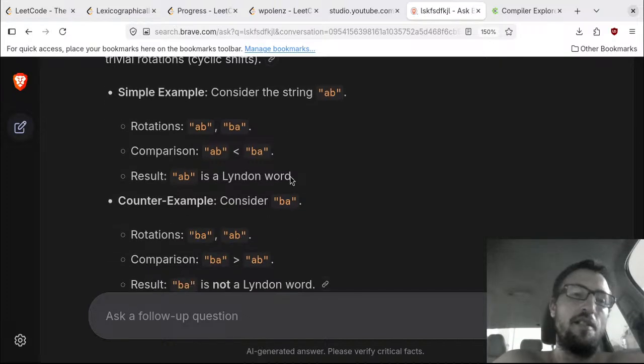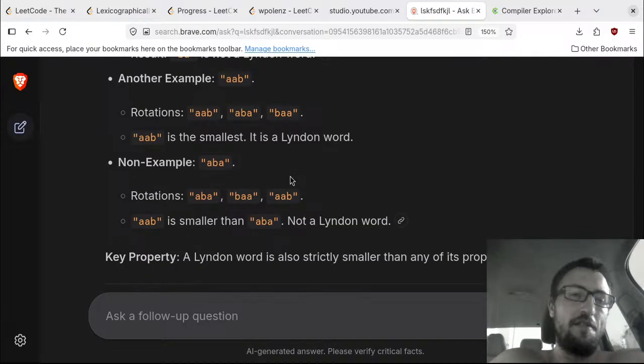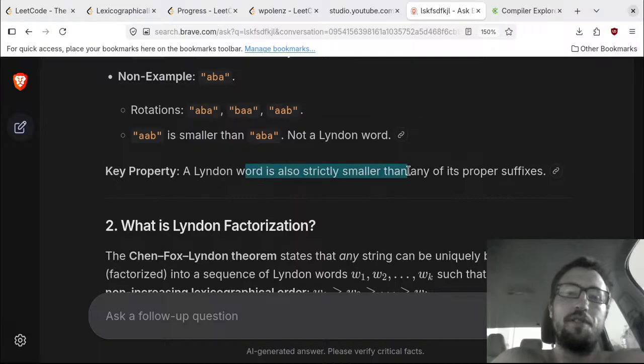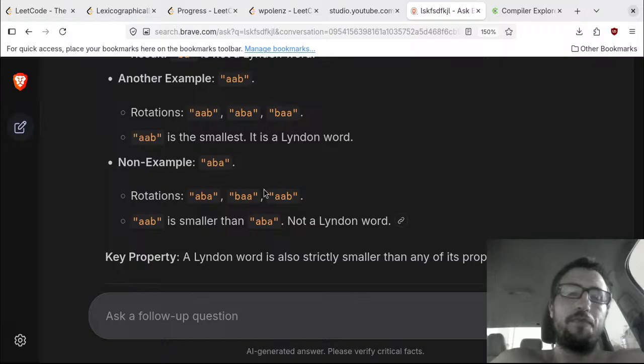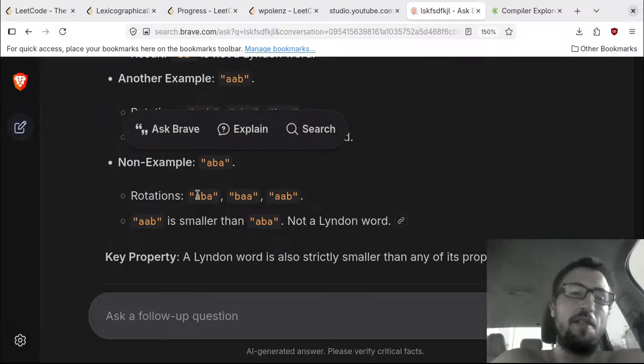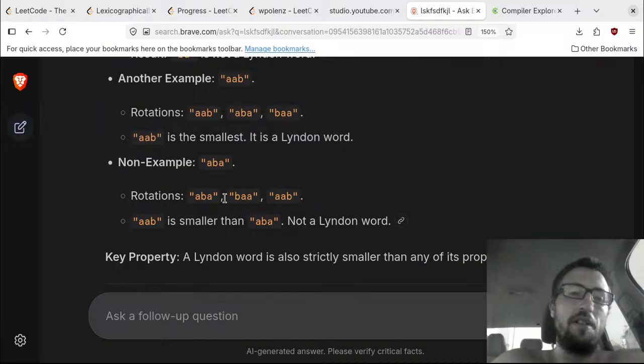Okay, got it. Key property: a Lyndon word is also strictly smaller than any of its proper suffixes. So any suffix of the Lyndon word is going to be lexicographically larger, like AB is larger than AAB.